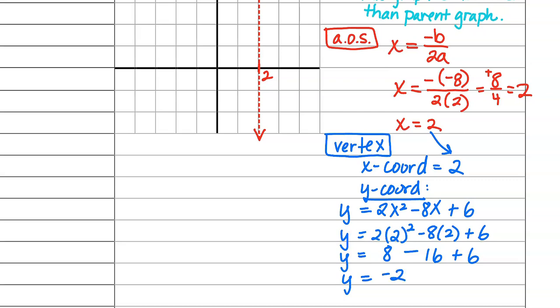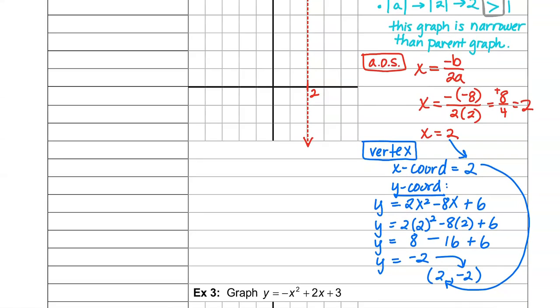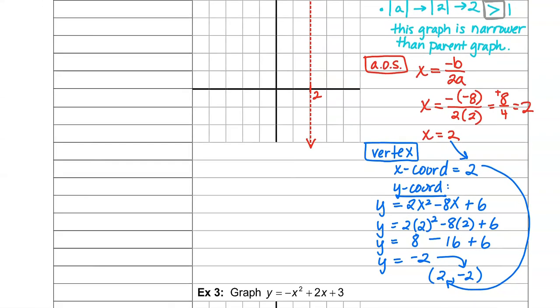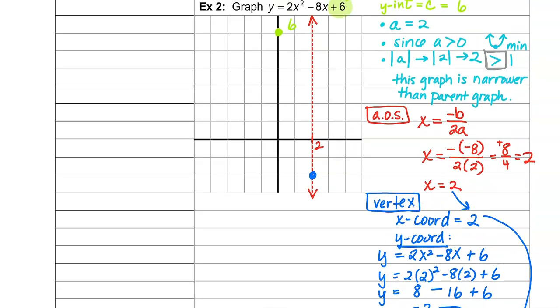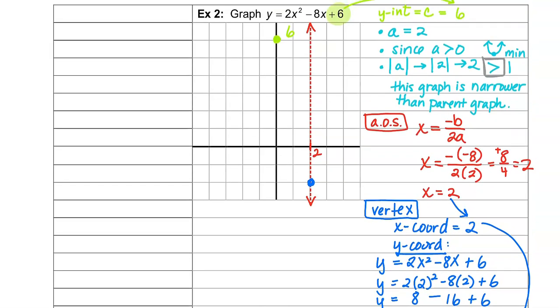So my vertex is going to be at 2, negative 2, right? The 2 comes from here, and I go down to negative 2, and so I know that goes here. There's my vertex.